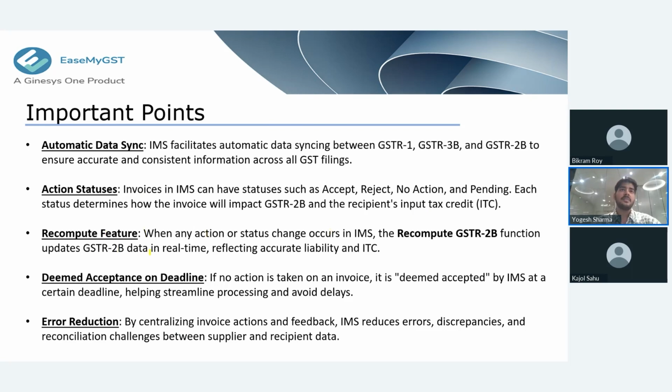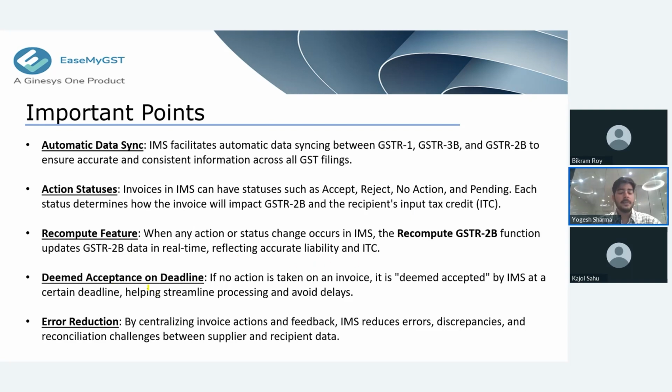As I already explained, if you mistakenly accept or reject an invoice that you don't want to accept, you can change your actions until the GSTR3B filing and recompute your GSTR2B data for your GSTR3B filing, which is very accurate, reflecting accurate liability and ITC on your GSTR2B.